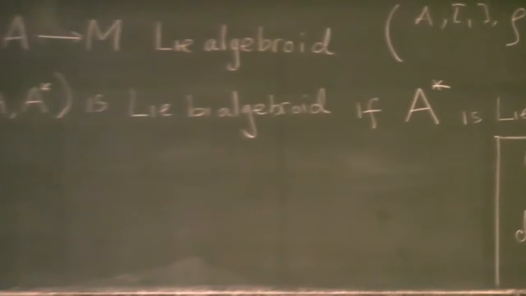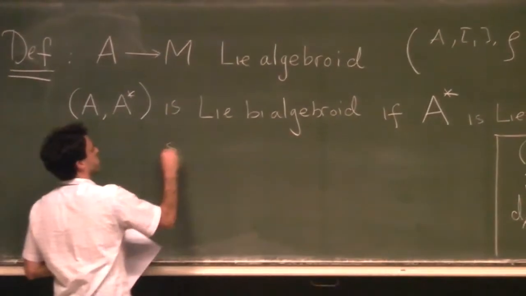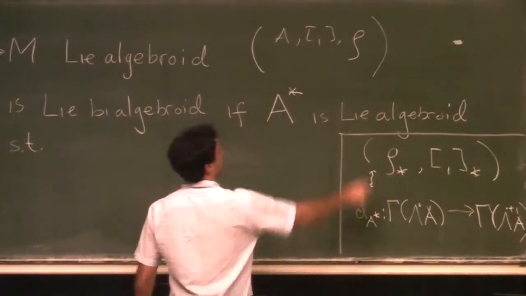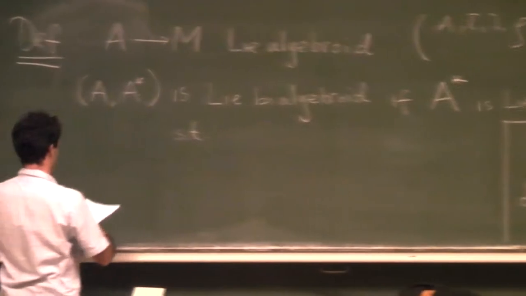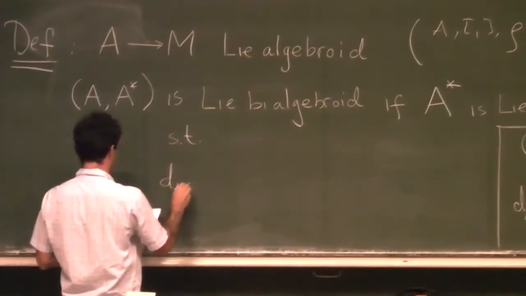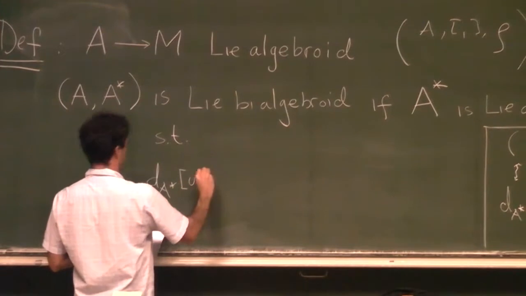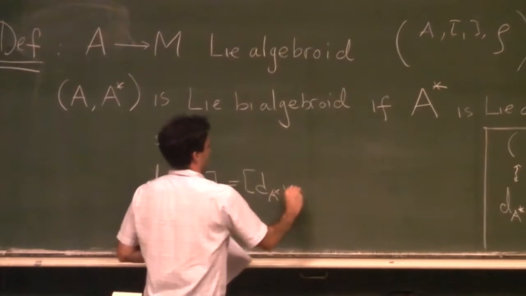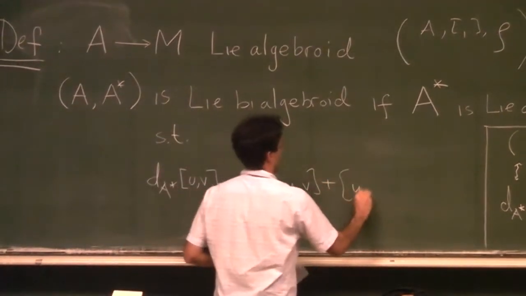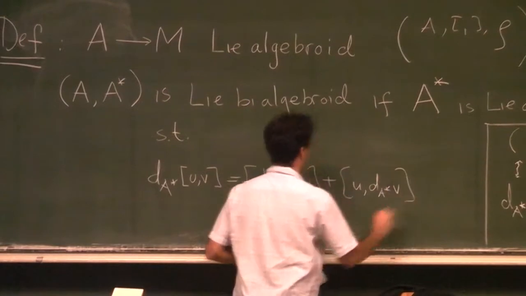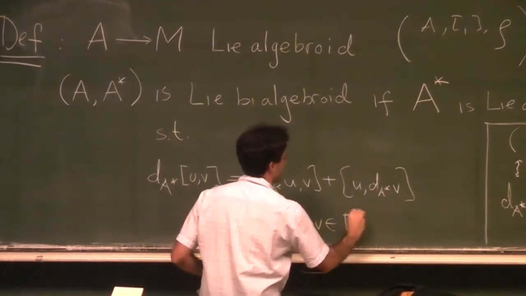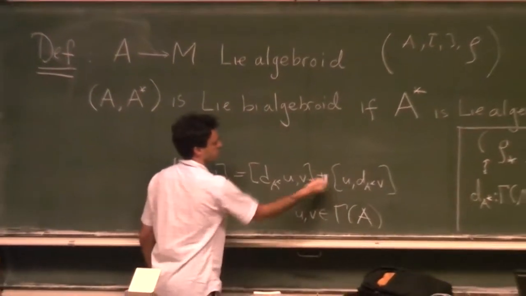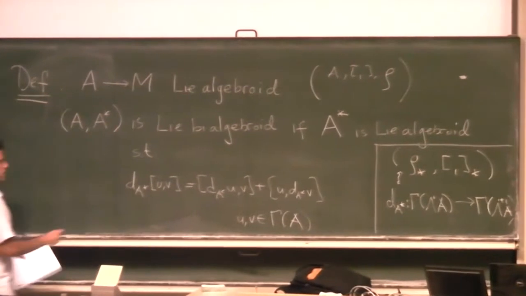And the compatibility condition is just that this operator is compatible with the bracket, just as before. Just write it like this, where here I'm taking U and V as sections of A. I can also extend this compatibility to other sections putting the appropriate sign, but this suffices.